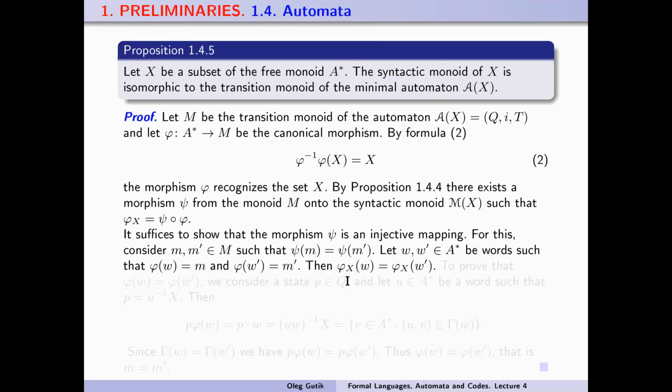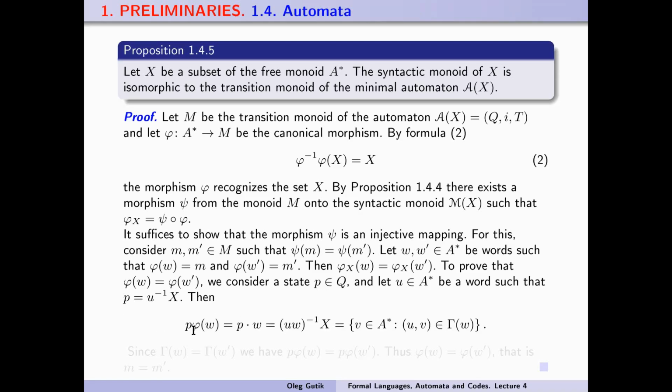Then we have that φ_X(w) is equal to φ_X(w'). To prove that φ(w) is equal to φ(w'), we consider a state p and let u be a word over the alphabet A, such that p is equal to u⁻¹X.